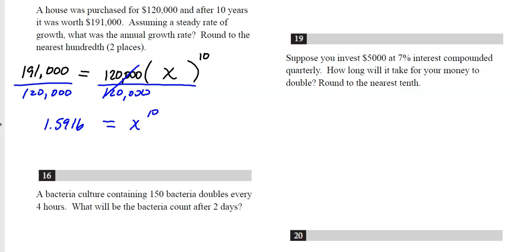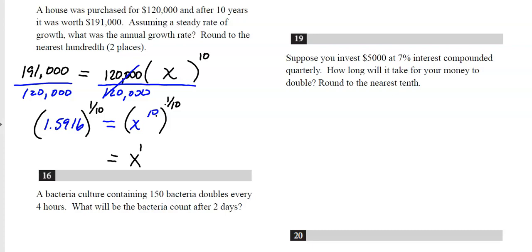To solve this, the easiest way would be to just get x over here. Let's just raise it to the 1/10, and we're going to raise this to the 1/10. And 10 times 1/10 gives me x to the first, which is the answer.